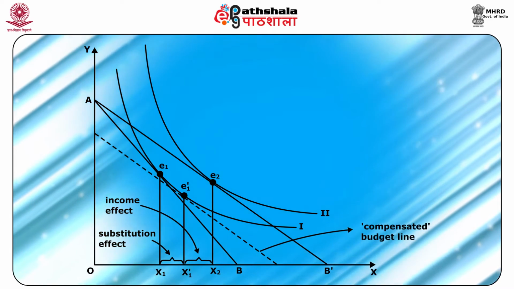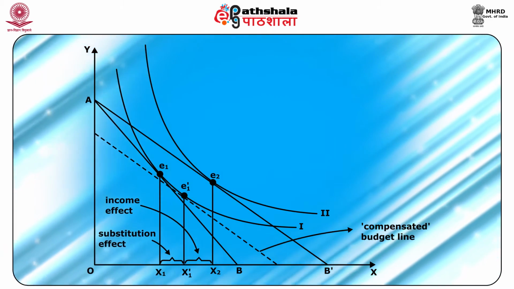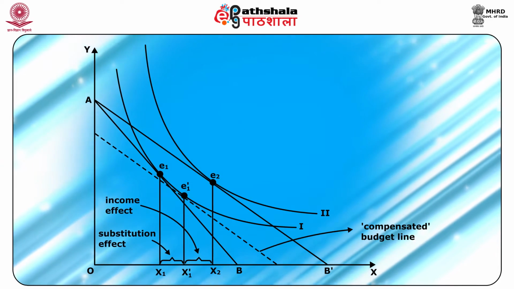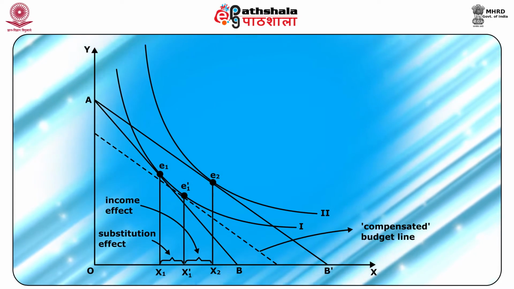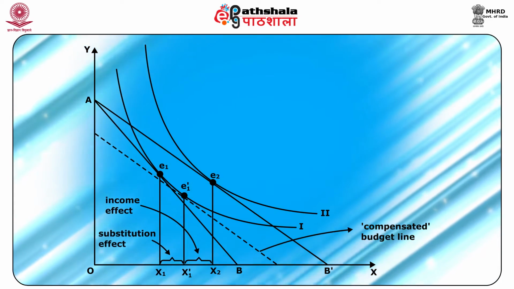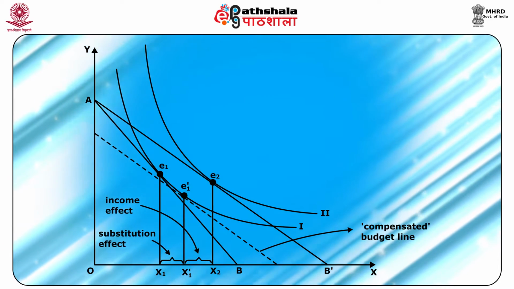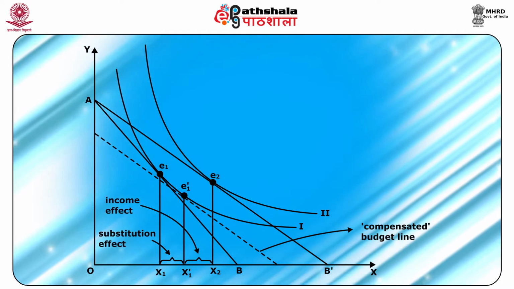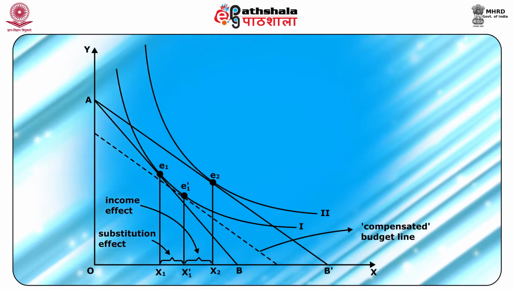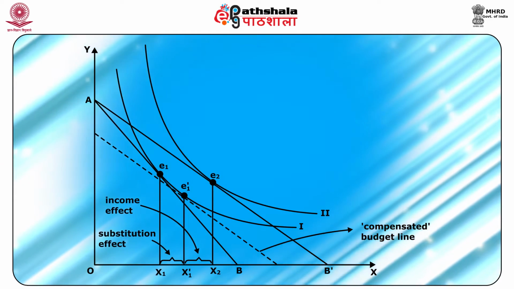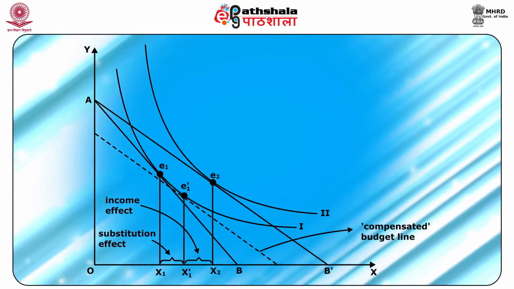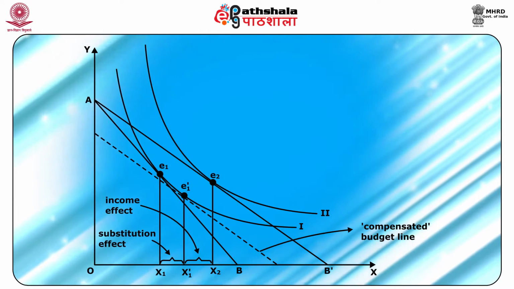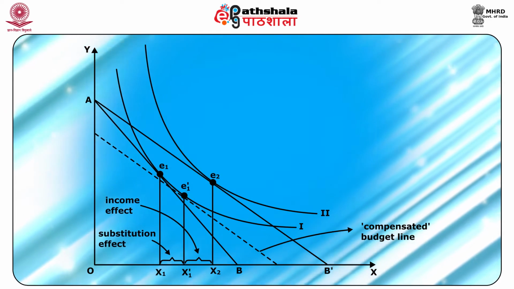The consumer would not like to remain here and would like to move to a higher indifference curve which is now available, and hence the consumer moves away from E1 prime and goes to E2. At E2, the consumption of X increases from X1 prime to X2.